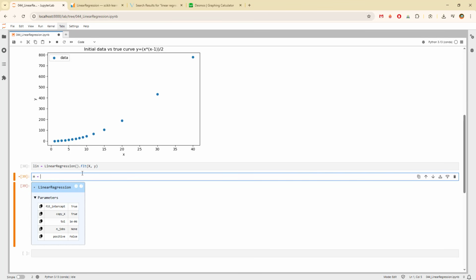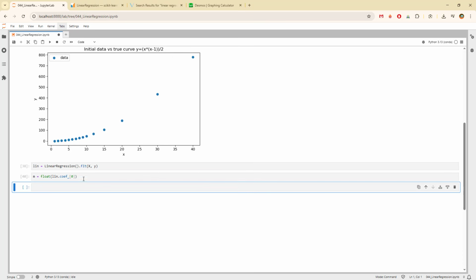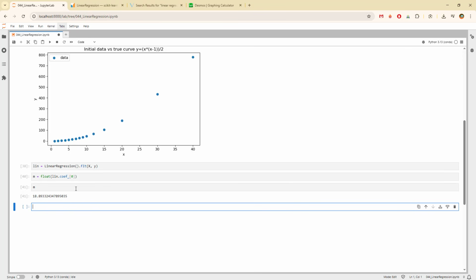Okay, so let's see what the m is. In the general case, m is the slope. It means rise over run. So for one unit of x, how many y's have we increased? In this case, we can just get it from here, lin coefficients underscore, and we want the first coefficient, and it is this one.